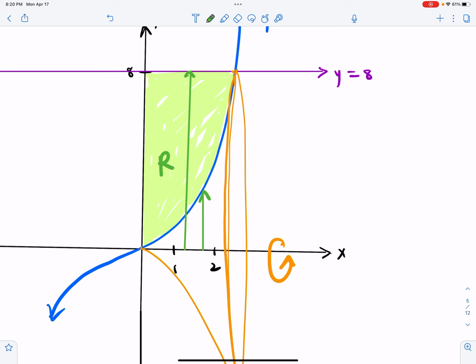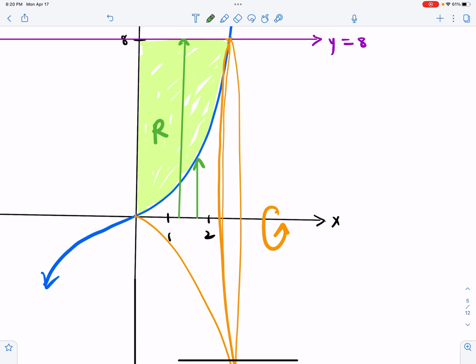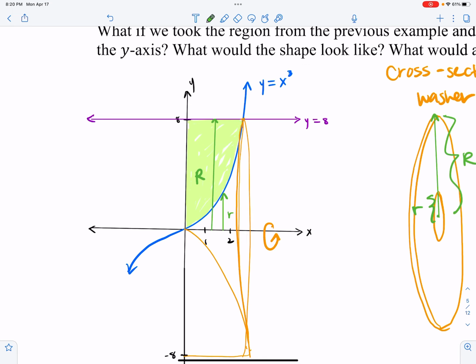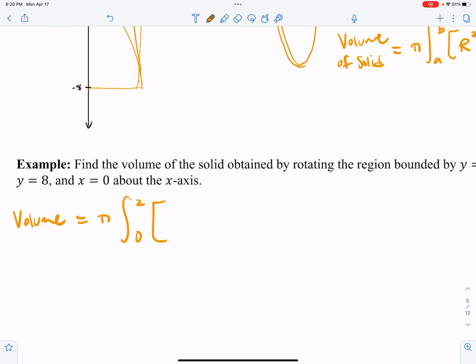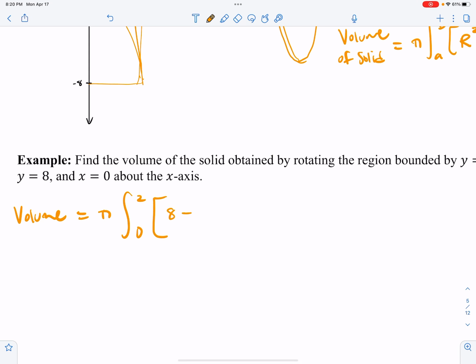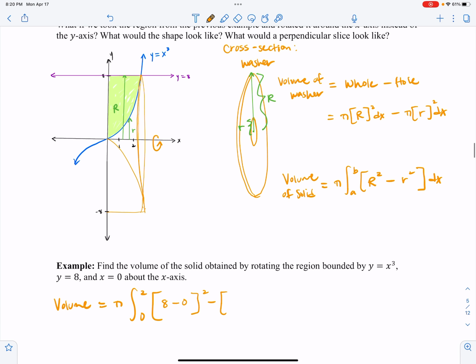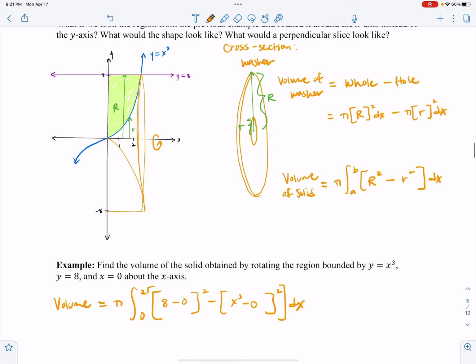It would be 8 minus 0, right? For big R, this little r got erased. So big R would be 8 minus 0, minus little r, which would be x cubed minus 0. Maybe I should have one more set of grouping symbols there.